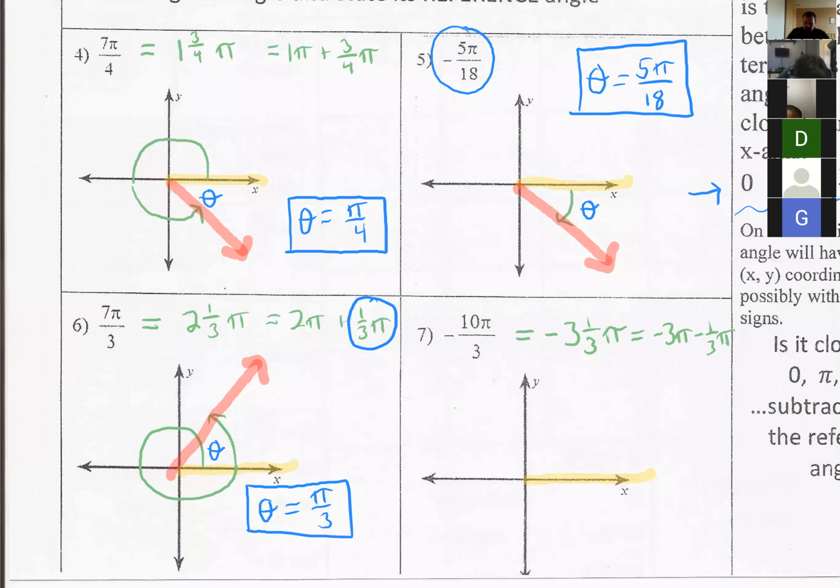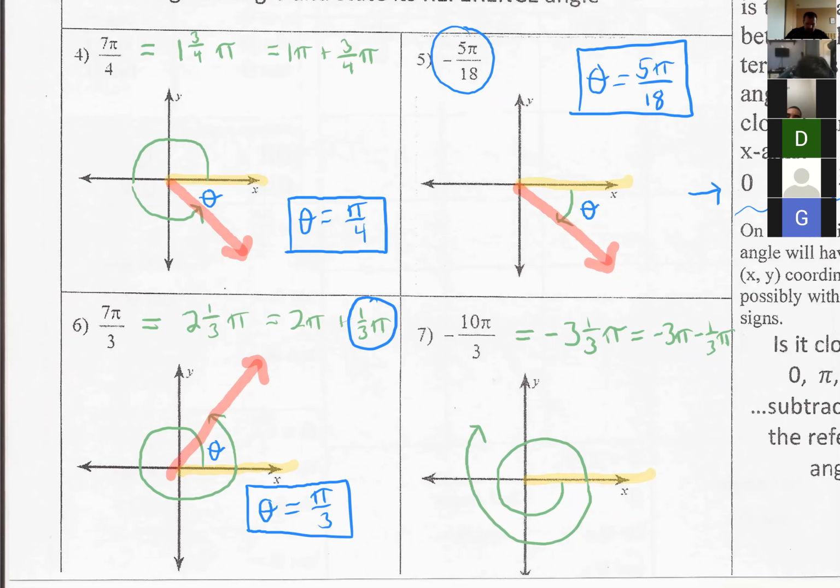Because it's negative, I'm going to start by going down. So this is down 1 pi. This is down 2 pi. Down 3 pi. And then we need an extra 1/3 of a pi. So this would be 1/3 of a pi right here.